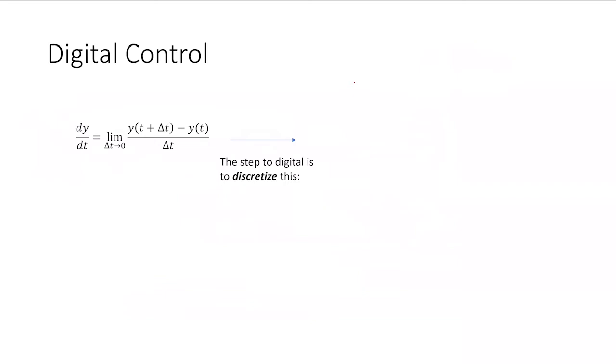So we go back to the definition of a derivative. This was Newton's definition of a derivative. Basically, I take the limit as delta t goes to 0 of what effectively amounts to the slope. If you remember, if I have a function y of t that looks like this, and here's y of t plus delta t, and this guy would be y of t, I'm trying to take the slope between those two points.